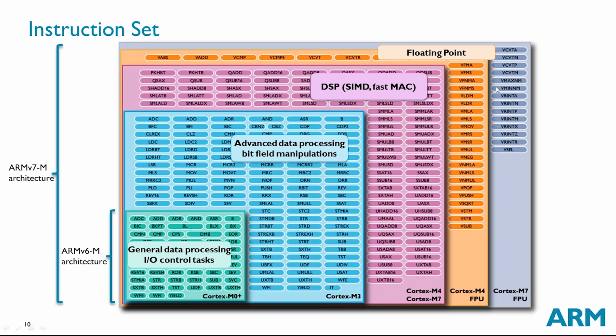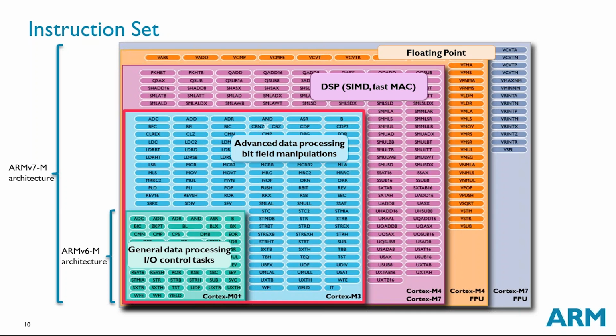The Cortex-M processors have an upward compatible instruction set. In this picture, we see small bubbles for the 16-bit wide instructions and larger bubbles for the 32-bit wide instructions. The data is always 32-bit wide. The instruction set of the Cortex-M0 and M0 Plus processors consists largely of 16-bit instructions, and they adhere to the ARMv6-M architecture.